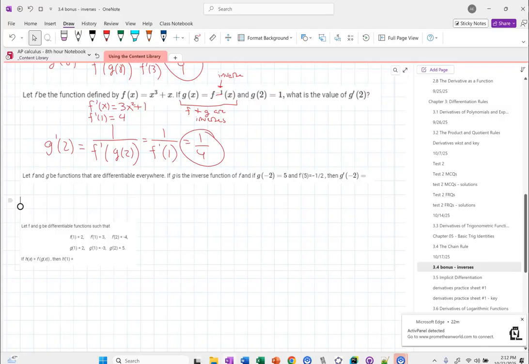Anyway, let f and g be functions that are differentiable everywhere. If g is the inverse function of f, there it says it verbatim, right? We've seen that presented a couple of different ways now that all mean the same thing. It's like, oh, Mr. Kula, can't they just pick one way and do it? No, unfortunately not. That's not how mathematics works.